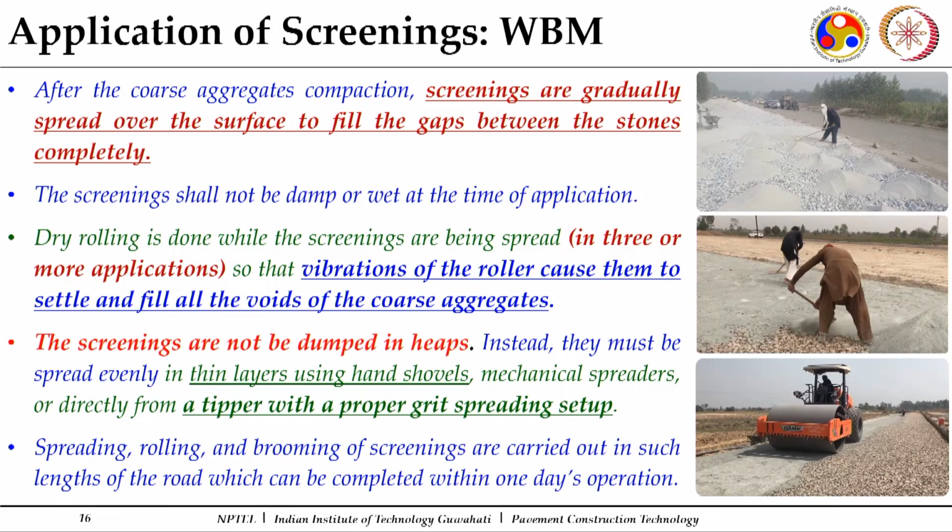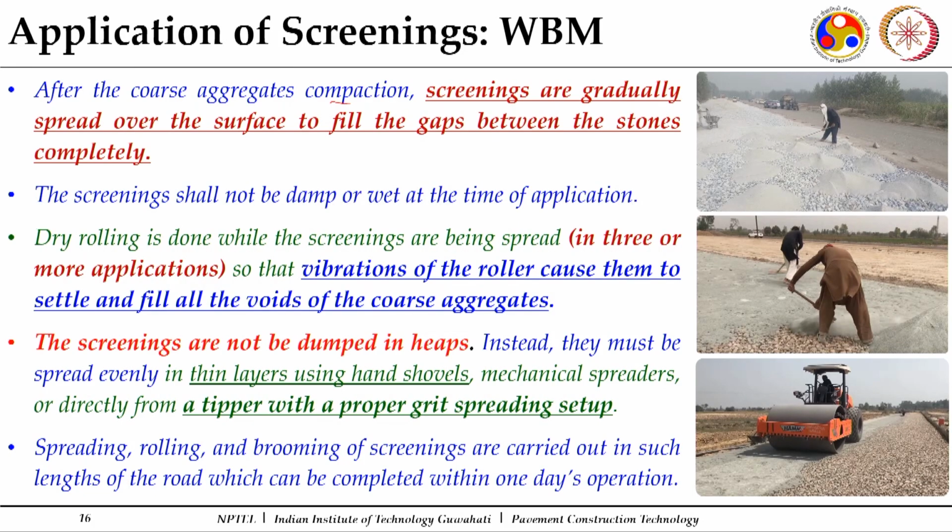Otherwise, if you are using good quality aggregates, crushed stones, then you will apply screenings and binding material as per the requirements. In normal courses, after the coarse aggregate compaction, screenings are gradually spread over the surface. Two gradings of screenings are specified, and quantities of coarse aggregates, screenings and binding material are also specified.